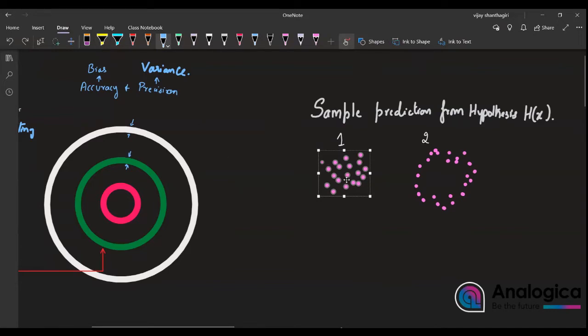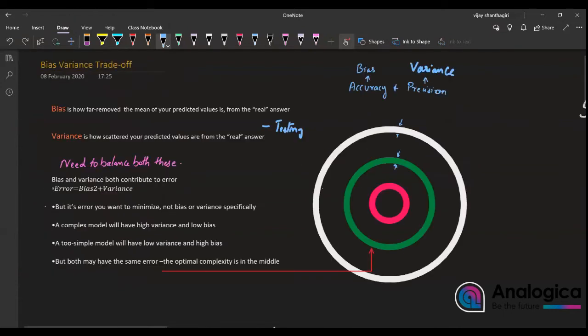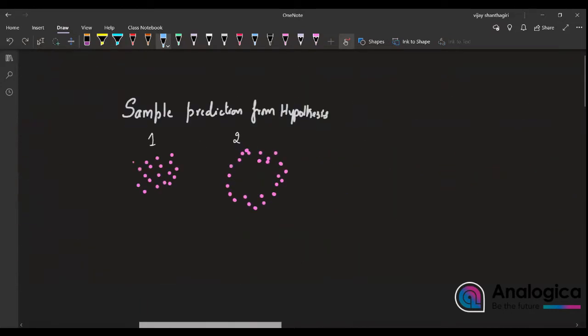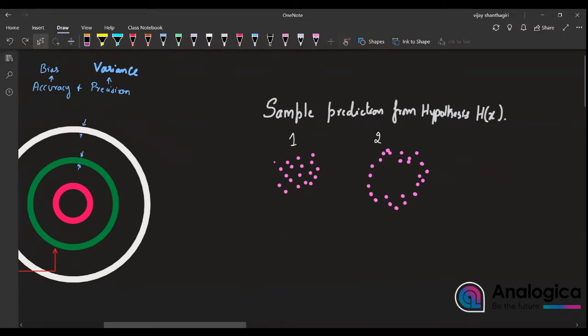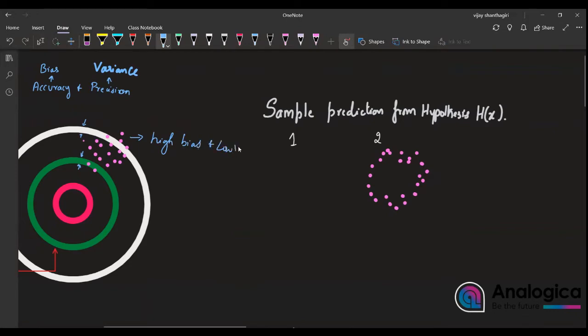Okay, so let's now move this model of ours. What if the points are here? This is what we call a state of high bias and low variance.